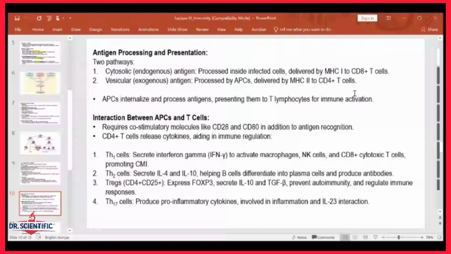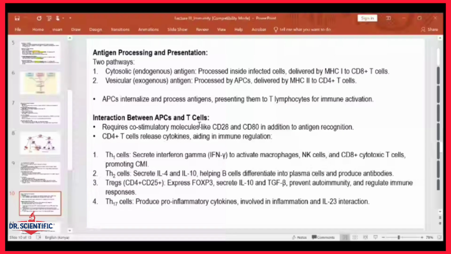We've seen that antigen-presenting cells internalize and process antigens, presenting them to T cells so that they trigger immune activation. That is generally what happens. For the interaction between antigen-presenting cells and T cells, we've seen what the three antigen-presenting cells are. The interaction is via what we call the T cell receptor.